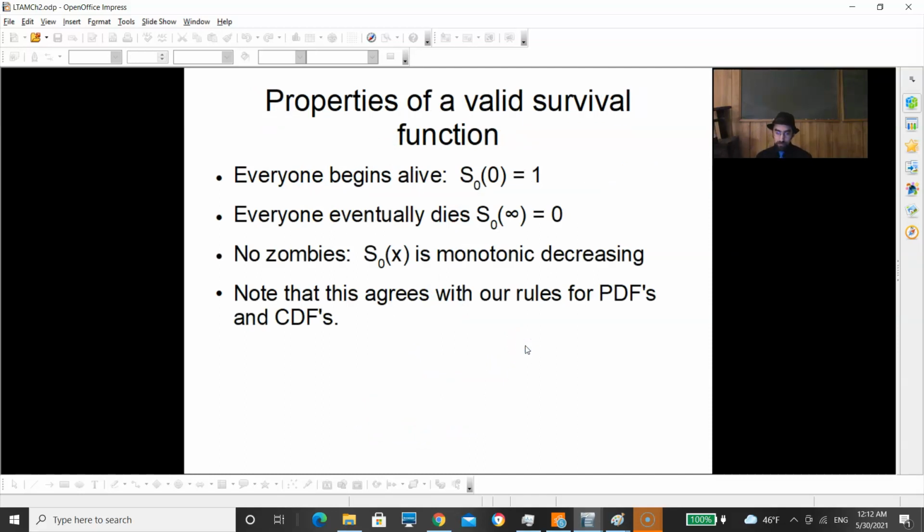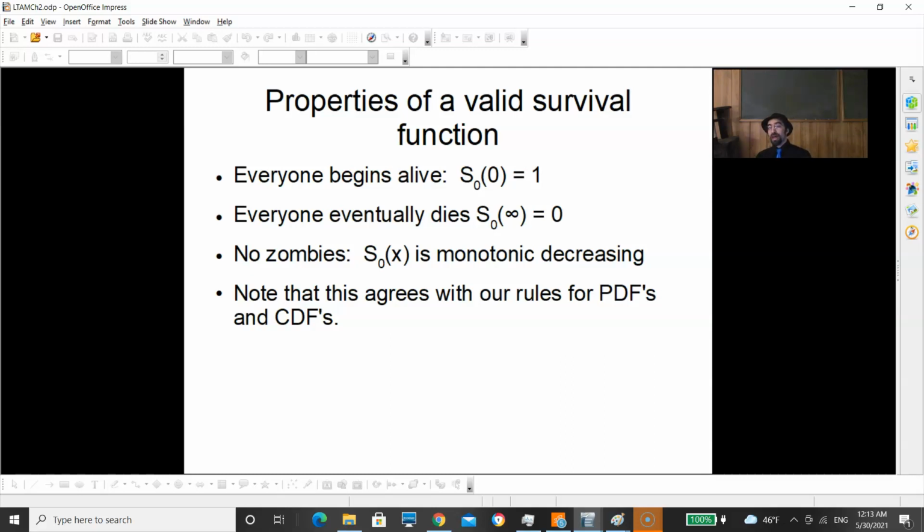Alright. So I should go over some of the properties of what's considered a valid survival function. For one thing, everybody begins alive. S sub 0 of 0 equals 1. Then, everybody eventually dies. S sub 0 of infinity is 0. Now, many mortality models will have some age that you can't live past, just according to the model.